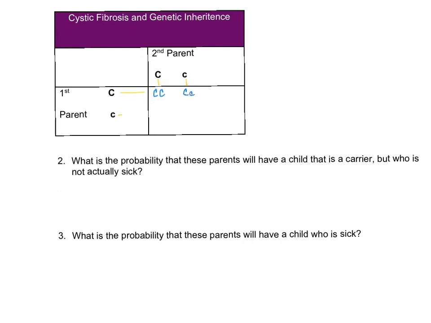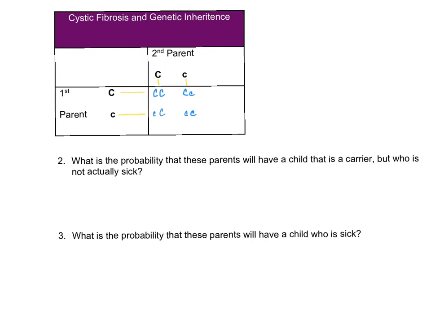What if the first parent passes on little c and then big C from the second parent? So we have little c, big C. And then the last combination would be that each parent passes on little c. So little c, little c. So those are the 4 possibilities. That's our sample space for a child that has these 2 parents.